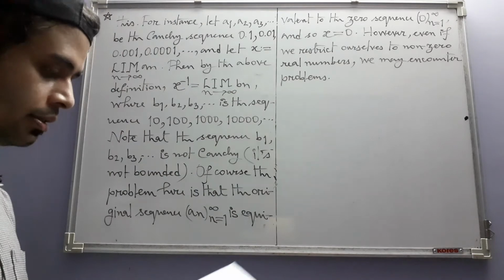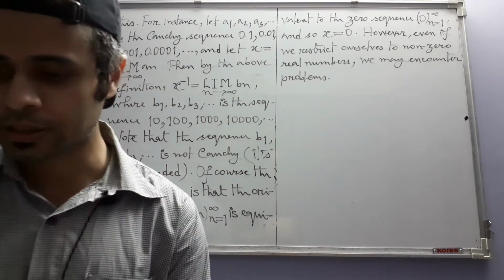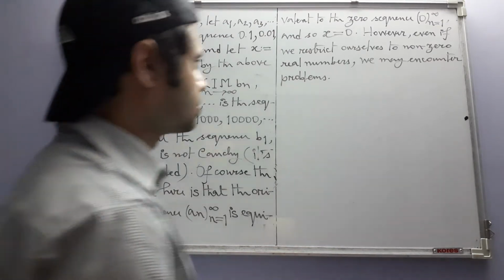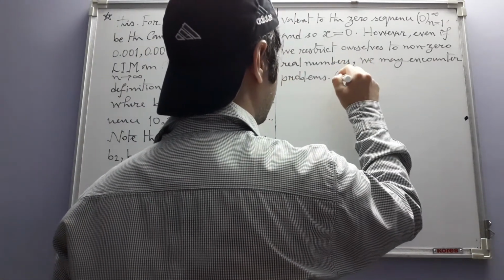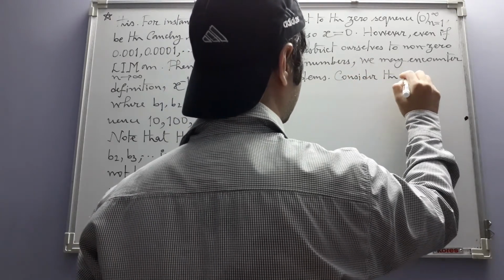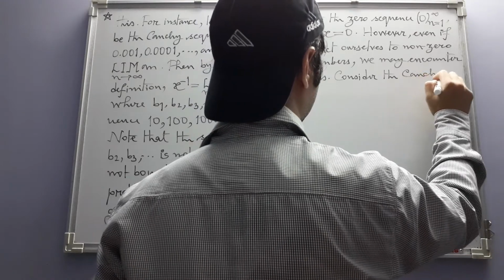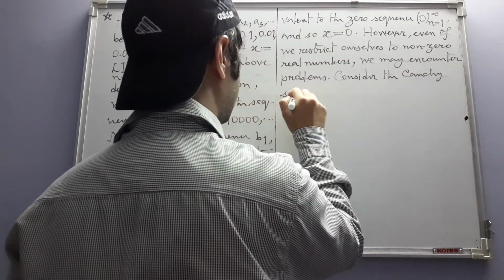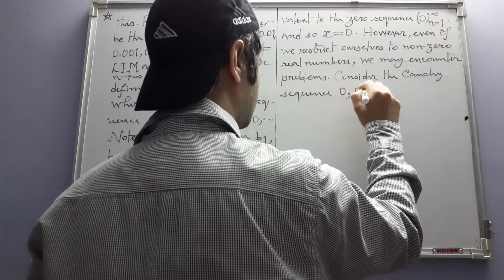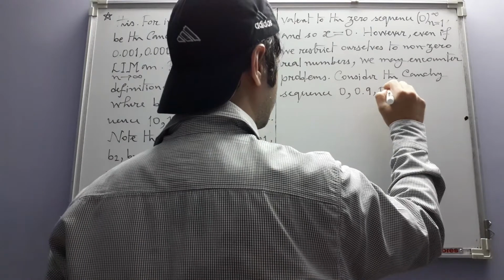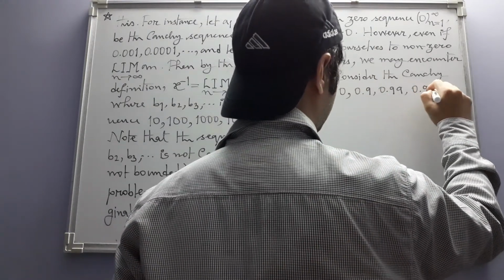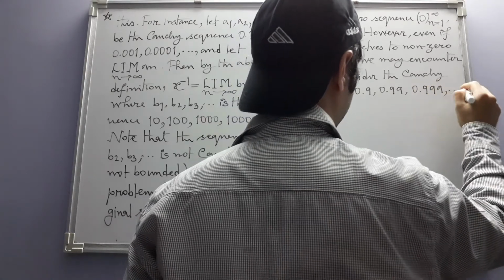And for that, consider this Cauchy sequence: 0, 0.9, 0.99, 0.999, etc.